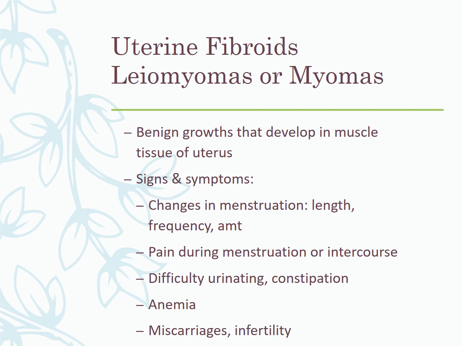The size, shape, and location of fibroids vary quite extensively. Usually they begin as benign, estrogen-dependent uterine tumors, and women can have multiple of them in the uterus.